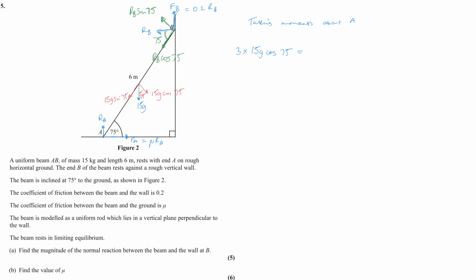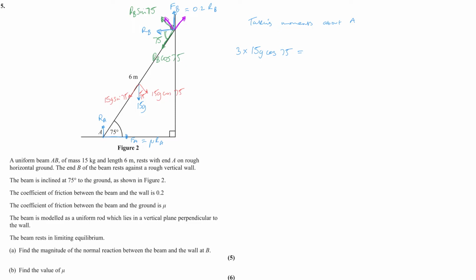And then just changing my color up again for FB. FB is going to split up into this direction and this direction. So it's going to be out in this direction, the same direction as that RB sine 75.